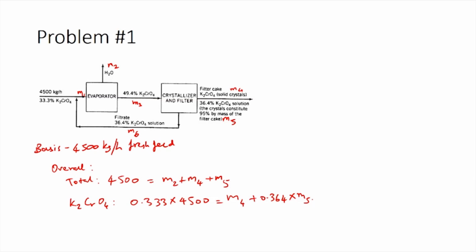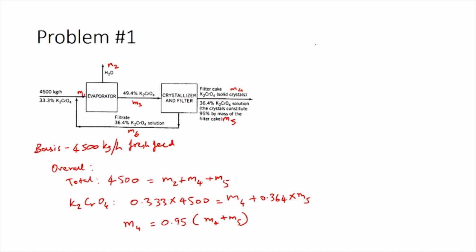It has also been given that 95% of the mass of the filter cake is constituted by the crystals. The problem statement gives you that. This means you have M4 equals 0.95 times (M4 plus M5). Using these two equations we can calculate the values for M4 and M5.